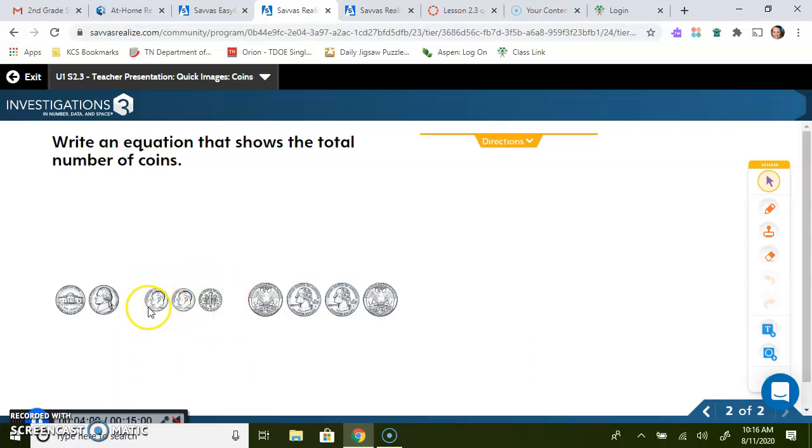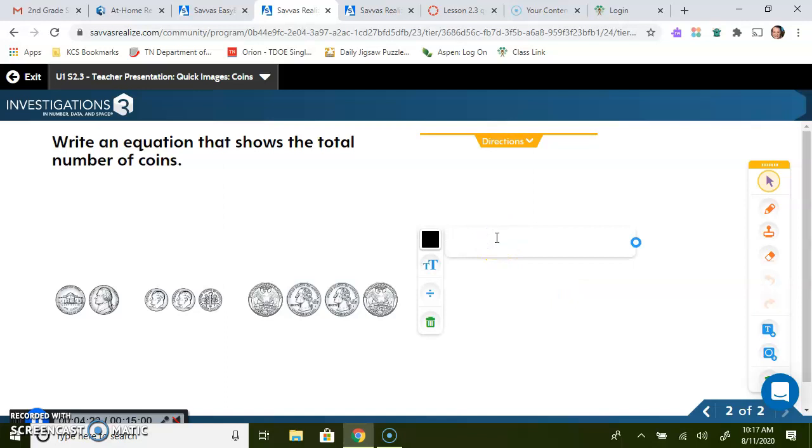Good. Those are our dimes. What about these 4 here? Yes, those are our quarters. Those are the ones we didn't have last time. What about these 2? Absolutely, nickel. What coin do we have that's missing up here? Right, penny. We have no pennies up here.